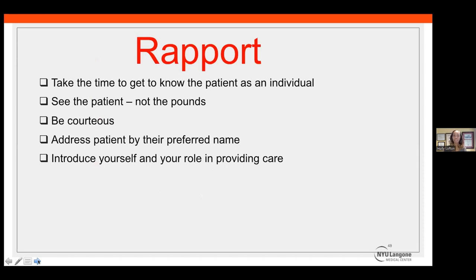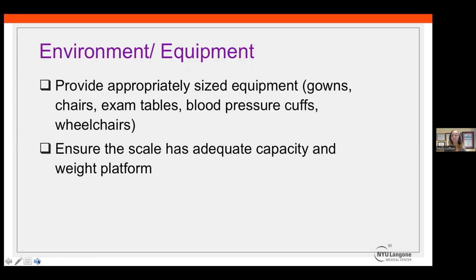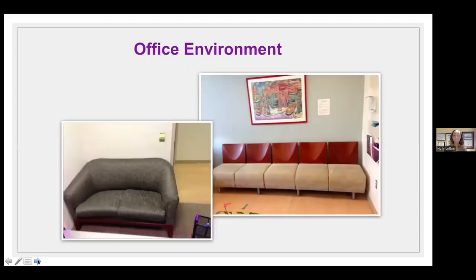The rapport, taking the time to get to know the patient, speaking to them with compassionate measures, using the right size cuffs, gowns, having tables in the exam room that can help the patient feel comfortable, scales that accommodate wheelchairs, for example. This is a type of chair we have in our office.